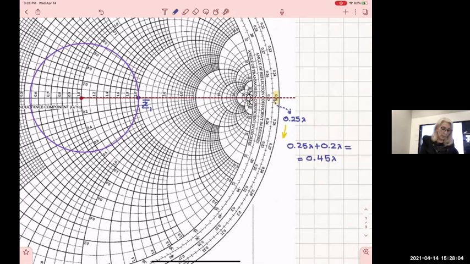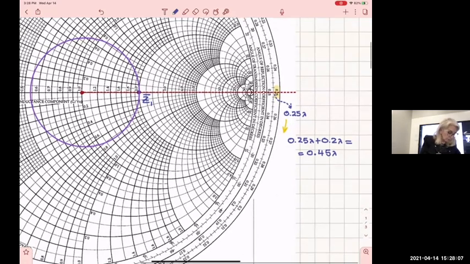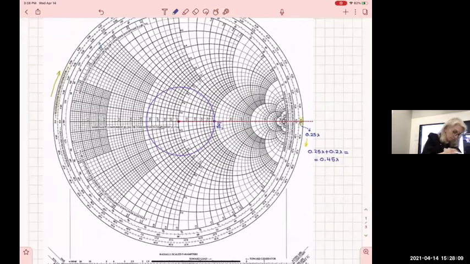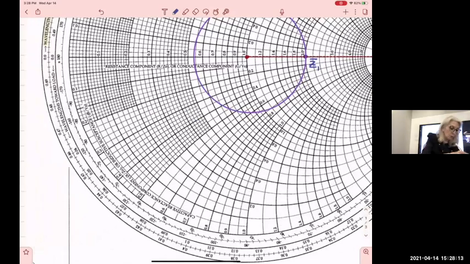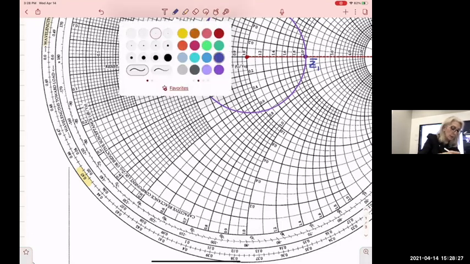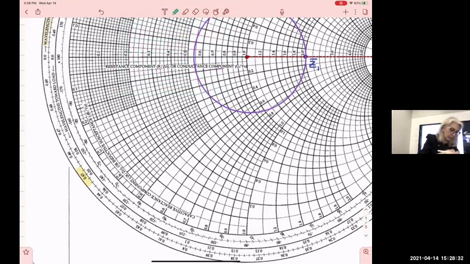Where is that point? How am I gonna find it out? I'm gonna go on the same outer ring, and I'm gonna be looking from 0.45. And this point is here. See, 0.45. So then I will connect this point with the center of the Smith chart, and I will do another green line, because red I start, green I stop.